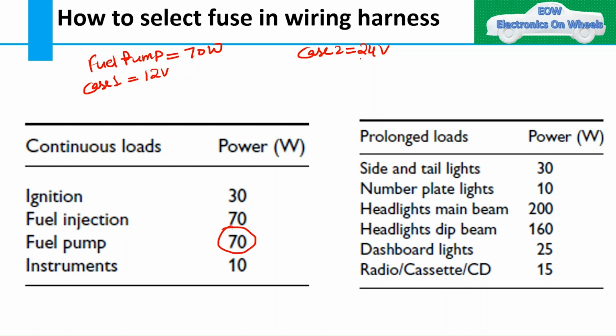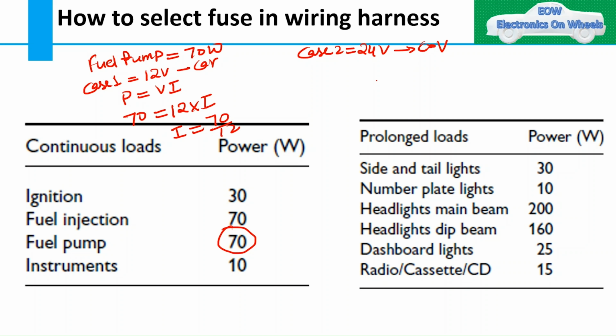I have already explained, when you are working on a car, you are working on 12 volt, and 24 volt you are working in commercial vehicles, CV. So the simple formula we have used earlier also, P is equal to VI. So 70 equals 12 into I. So you can see 70 divided by 12.